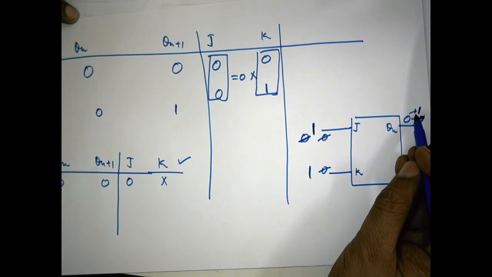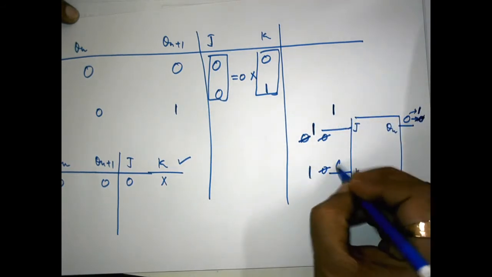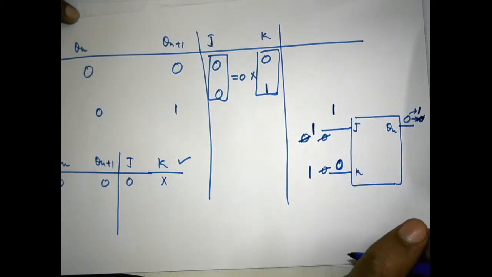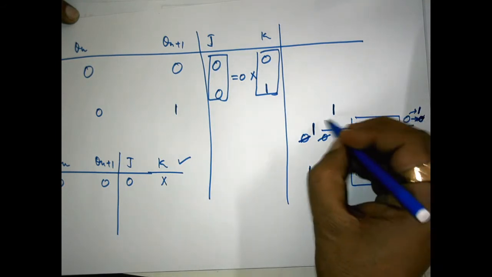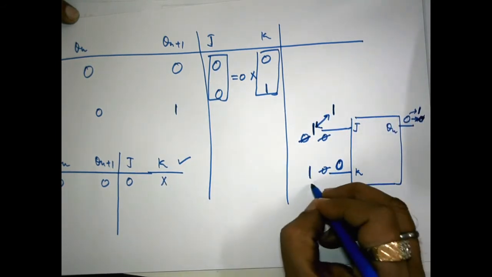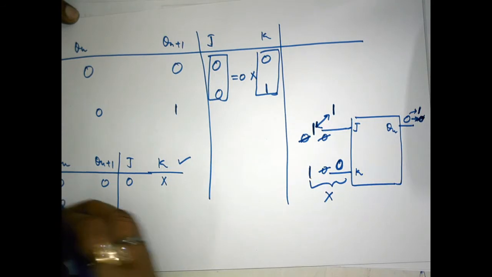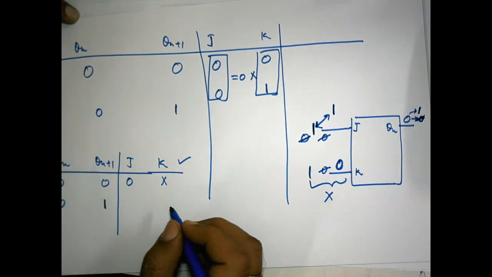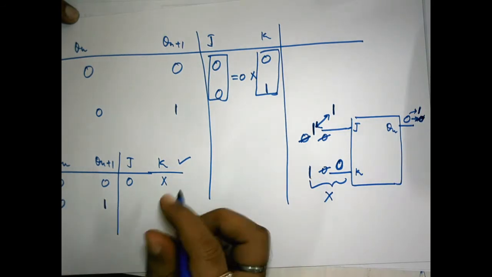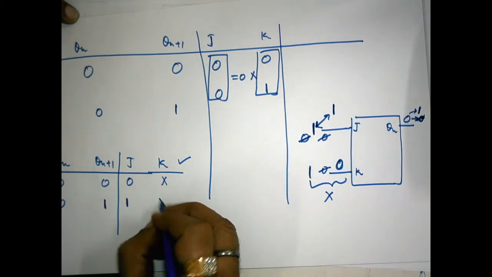It will toggle the output, and 1 0 at input can also make this change. This means at J input it should be 1, and at K input it should be don't care. Getting my point? So if 0 is there and 1 is the desired next state, then what should be applied at J? 1, and at K don't care.